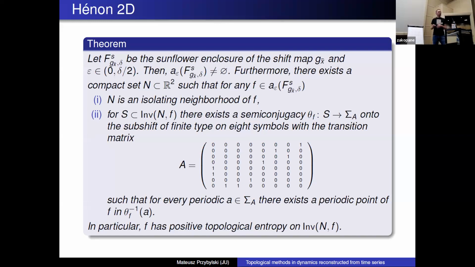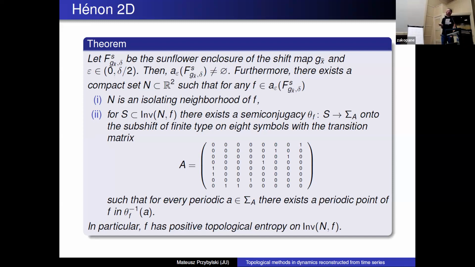Okay, from this time series, we can build the first sheet map. Then we can build the sunflower enclosure. This is a better version of the multi-valued map with smaller values. And we know that for every epsilon from the interval 0 to delta half, delta is the size of the cube, the set of epsilon approximations is non-empty. So there exists some single-valued continuous map which is epsilon close to our multi-valued map.